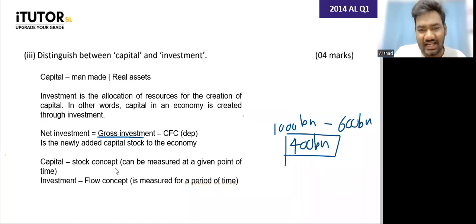You can put points like that as well. But these are the main points. Investment is important for economic growth in a country. All of that you can add. So can you all use these points and formulate a nice answer?